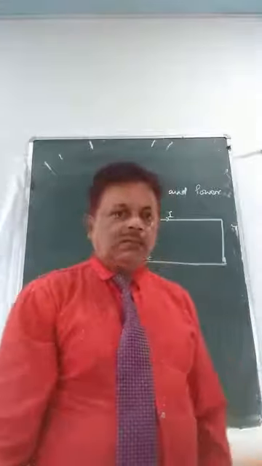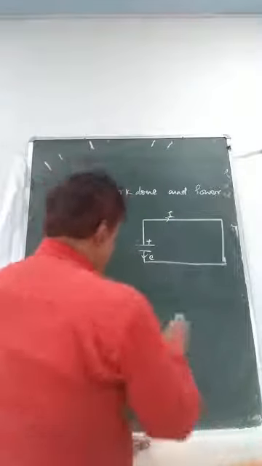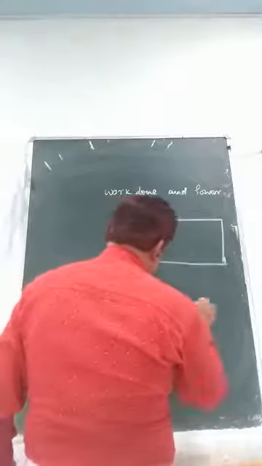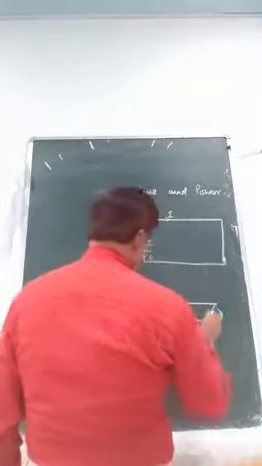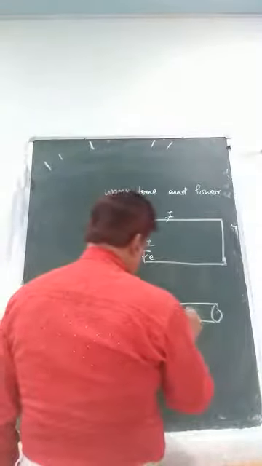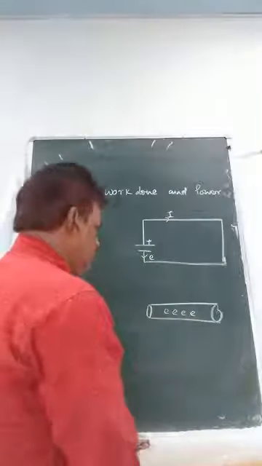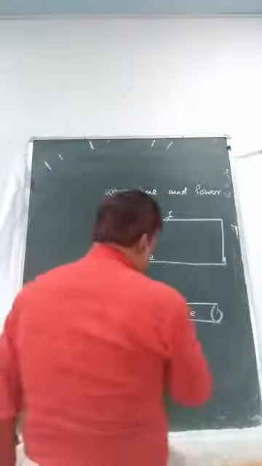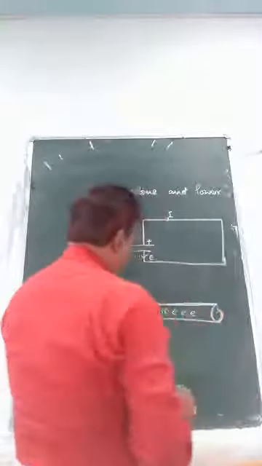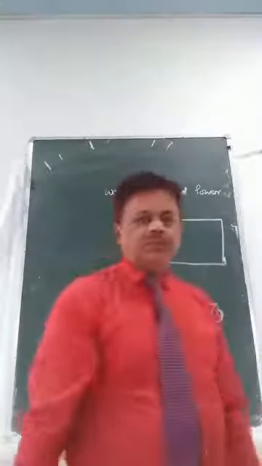So what I am to say is, if this is a conductor, there are some electrons moving here. So you are giving some force. Unless you give some force, why will these electrons move?